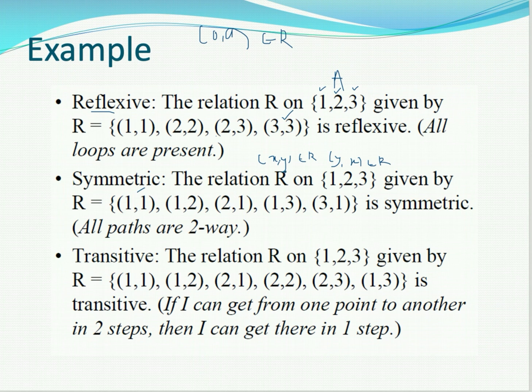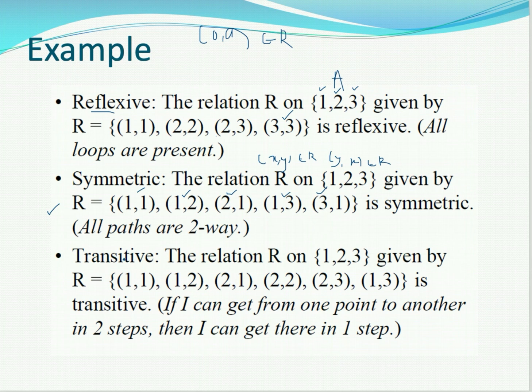And then we have 1, 2, and we also have 2, 1. Remember this one, XY, YX, so 1, 2, 2, 1. And then we have 1, 3, and we have 3, 1. So since we have all this, we can say that this relation is symmetric. Alright.